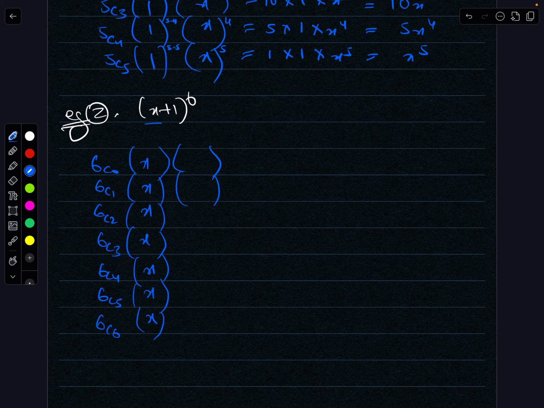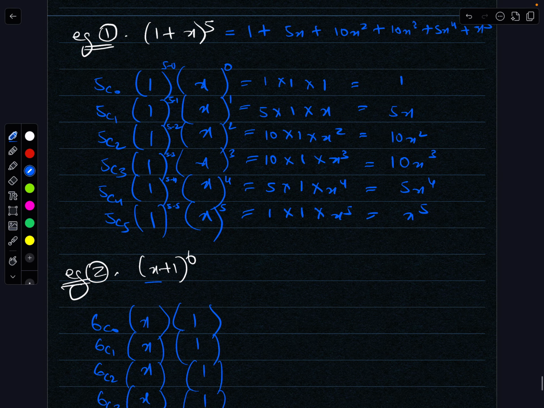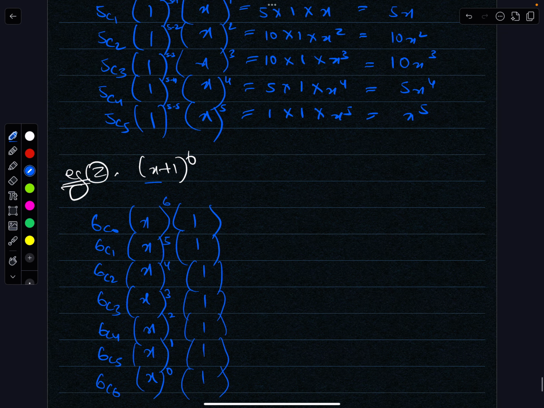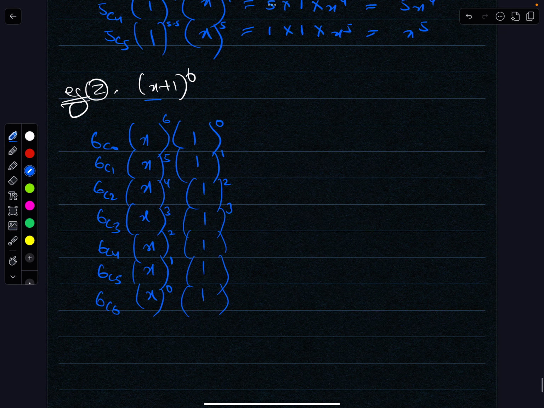Then make another set of brackets, write 1 here, and here we count backwards in the first column. So 6, 5, 4, 3, 2, 1, 0. And then we have 0, 1, 2, 3, 4, 5, 6.